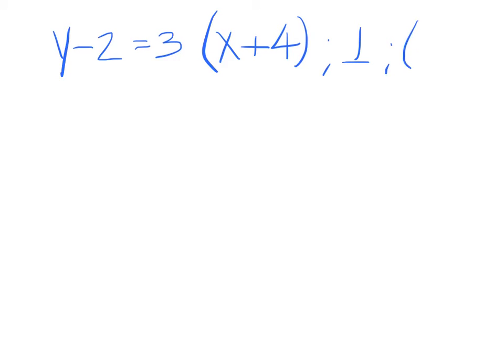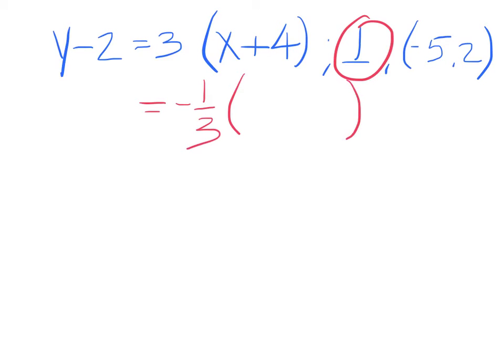This is yet again going to be the same problem, but we're going to do it a third way, and you can choose which one you think is the easiest. For this way, again, we still need a perpendicular line. So let's use the negative reciprocal, which is a negative 1/3, but keep the point slope form.